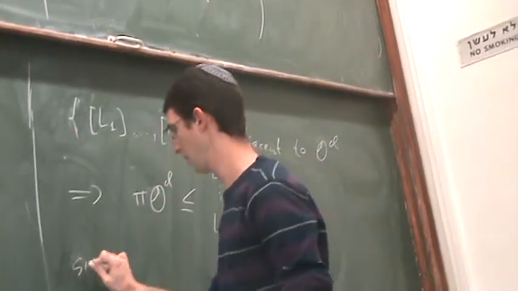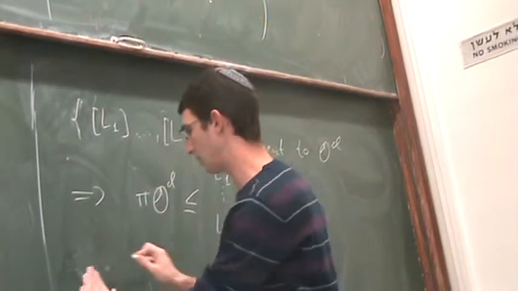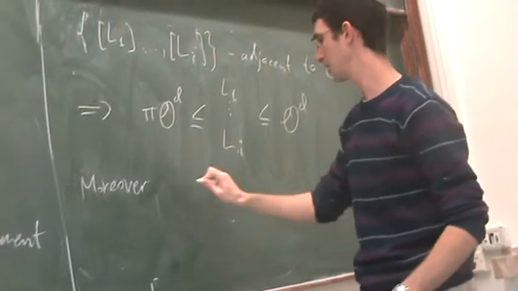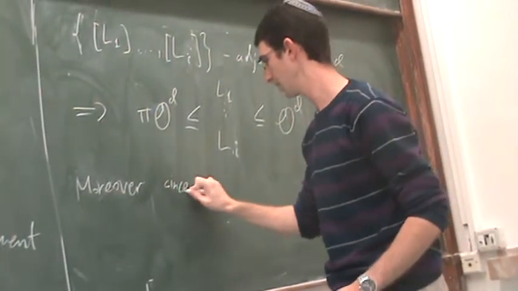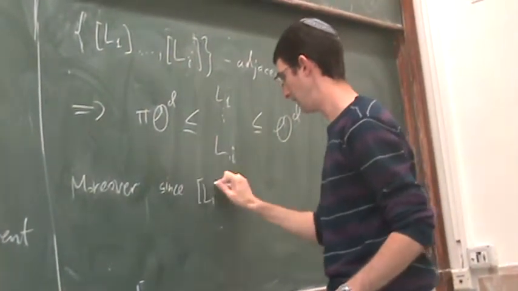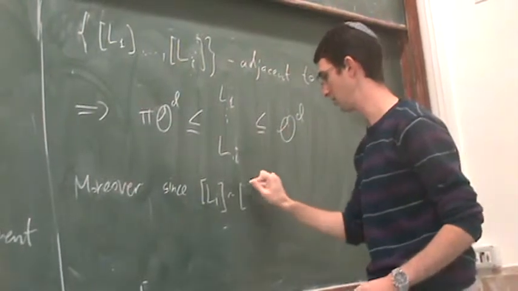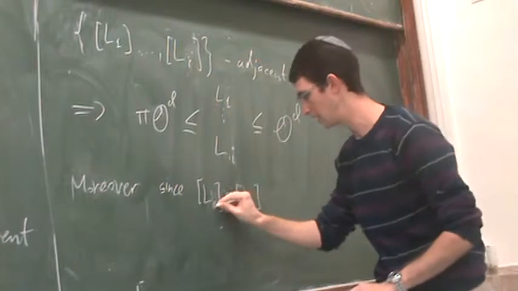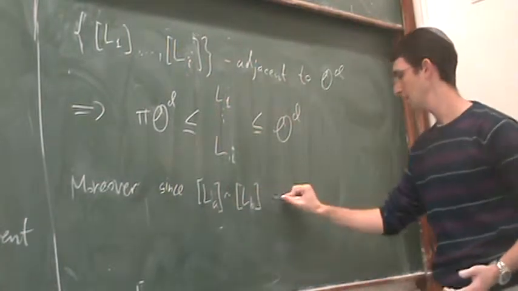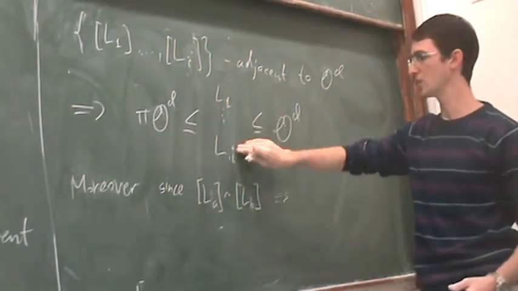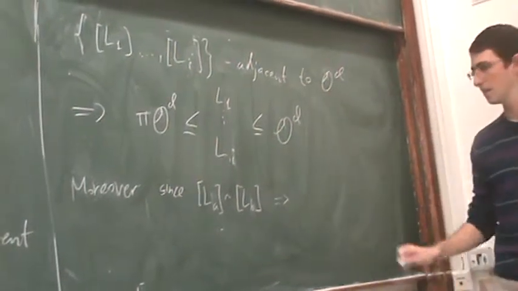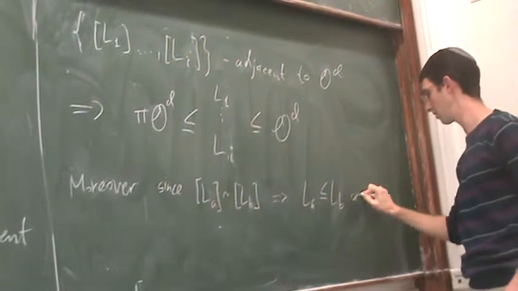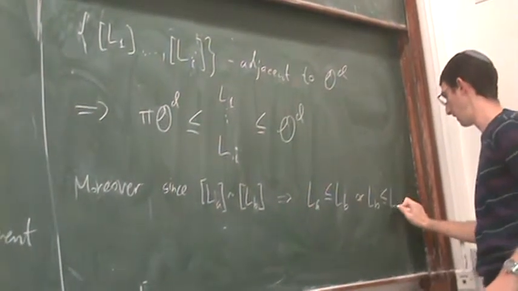Moreover, since Li is adjacent to Lj, well, I'm using the notation here, so Li is adjacent to Lb. When I choose these representatives here, either La is contained in Lb or Lb is contained in La.